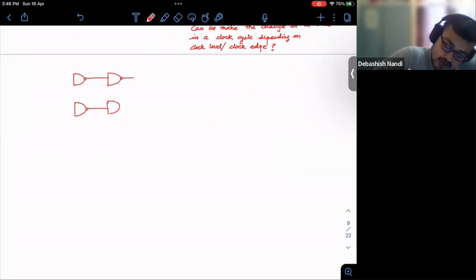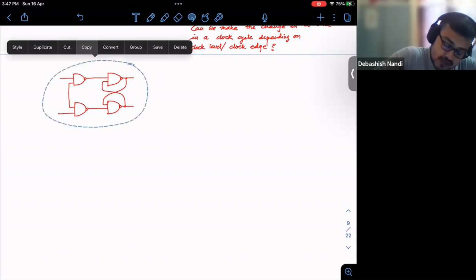So this is your first stage of flip-flop. Fine. So you have your clock here. Fine. And then you have the similar stage at the output. Let me just copy it.